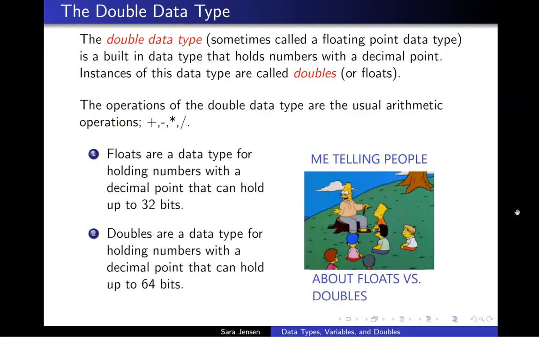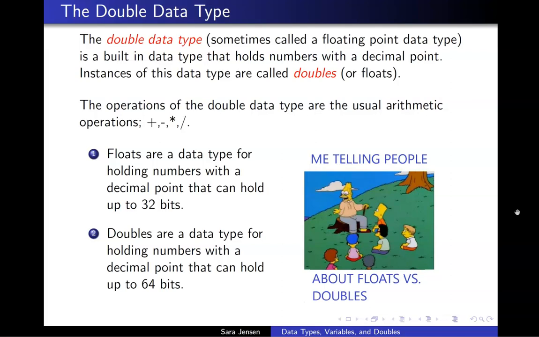To talk a little bit more about floats versus doubles, this is something of an antiquated point. Both floats and doubles are data types for holding numbers with decimal points inside of C++. The only difference is how big of a storage locker we allow to store that decimal point.